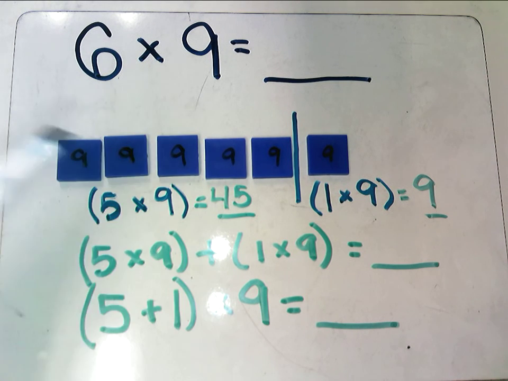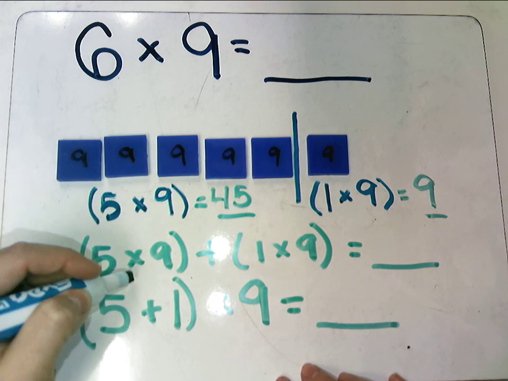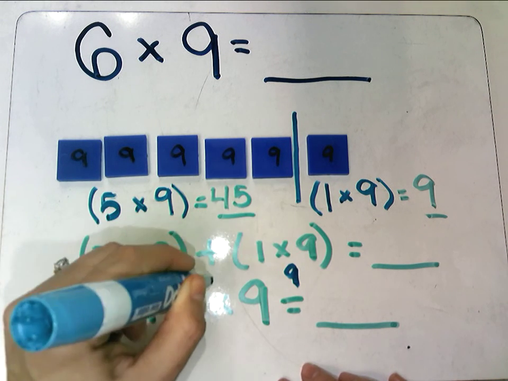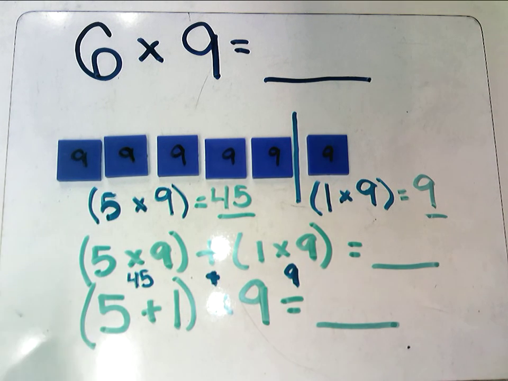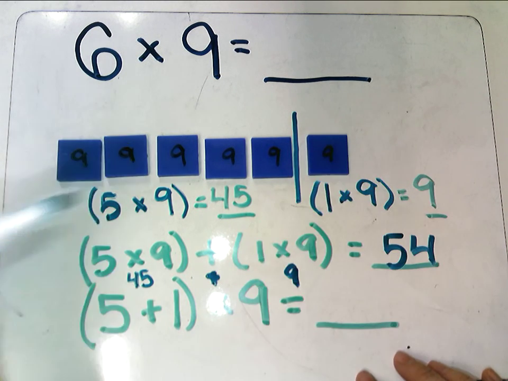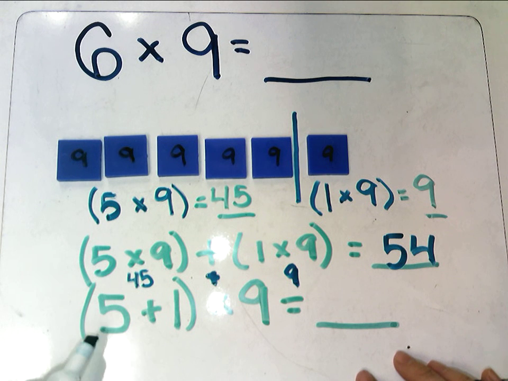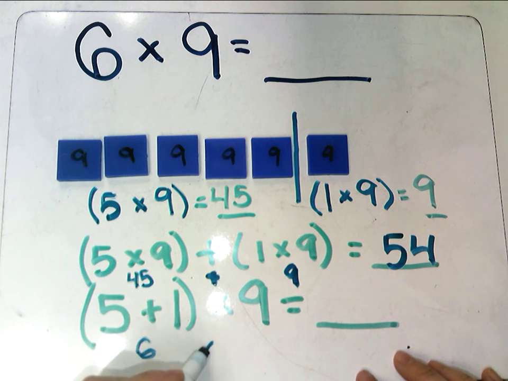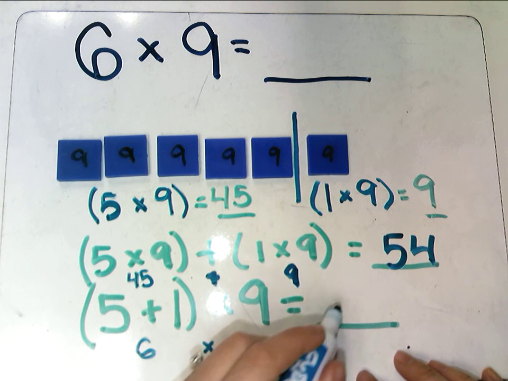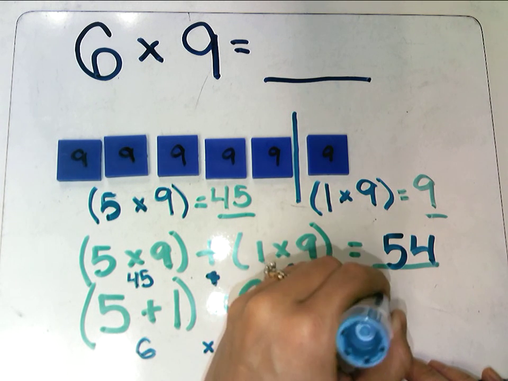So, back up to our answers. We know that 5 times 9 is 45. I like to write it really small underneath. And 1 times 9 is 9. So we're adding up 45 plus 9, which we know equals 54. Or you can add 5 plus 1, which equals 6, times 9 equals 54.